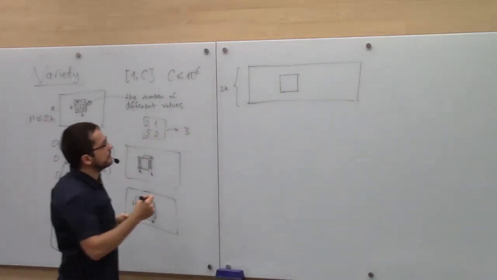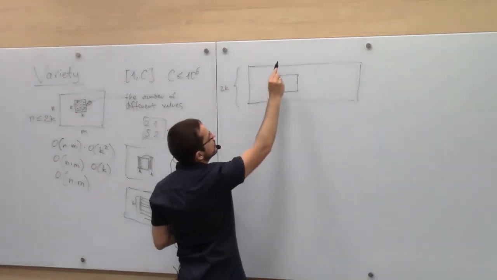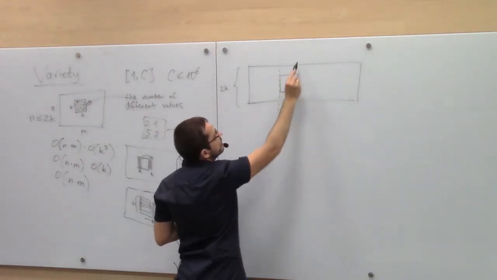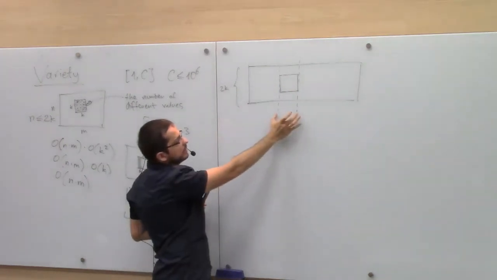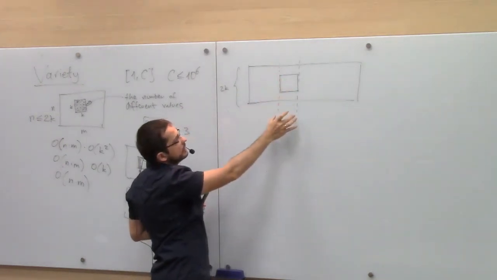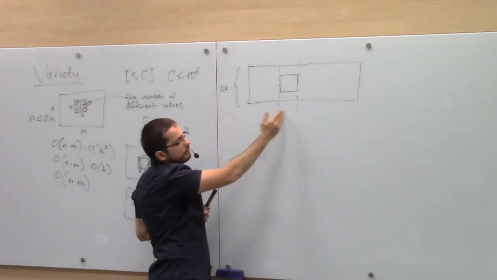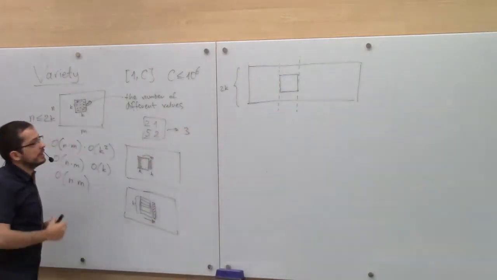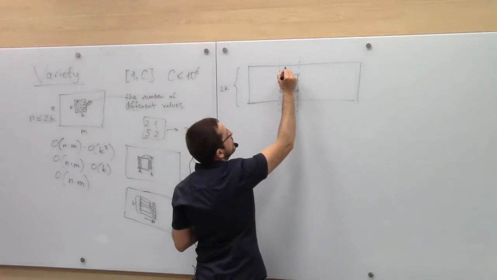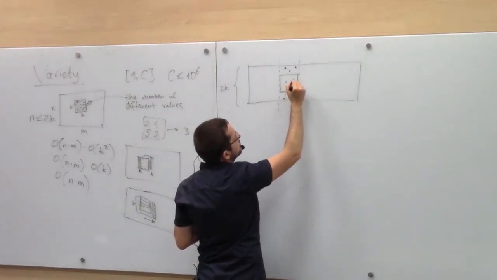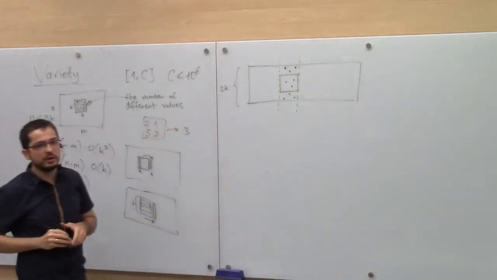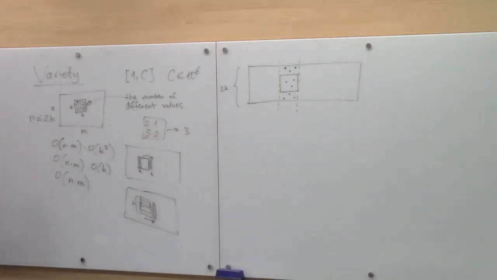First of all, we are only interested in the values which appear in columns covered by the square. We can have some values here, some values there, and maybe some values inside the square, and we would like to know when we have a value inside the square.